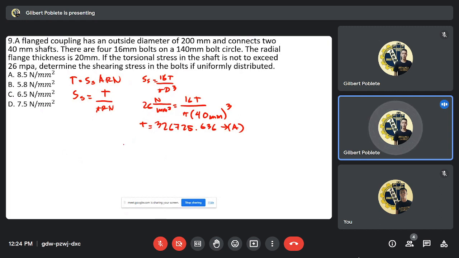So, balik tayo dito sa T over A natin. S equals to torque we have is at letter A. So, meron tayong area na pi over 4 times 16 millimeters squared.